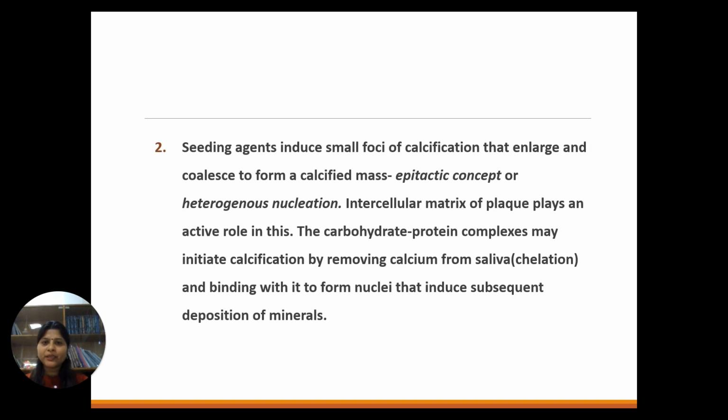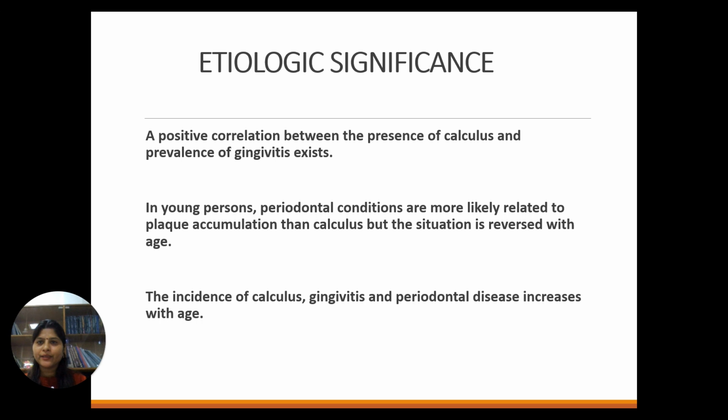Also, according to the epitactic concept, that is the seeding theory or heterogeneous nucleation theory, small foci of calcification are first formed, which then enlarge. These foci form on the carbohydrate protein complexes, where calcification occurs by removing calcium from saliva, which acts as nuclei. These nuclei then act as an agent for binding more mineral content, resulting in an increase in the content. So these were the theories of how calculus is formed and how the calcium and phosphate contents are increased.